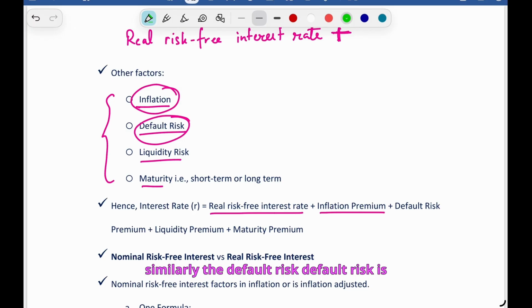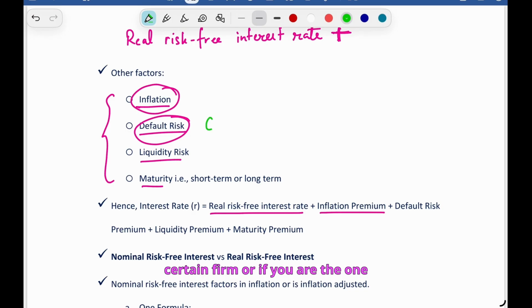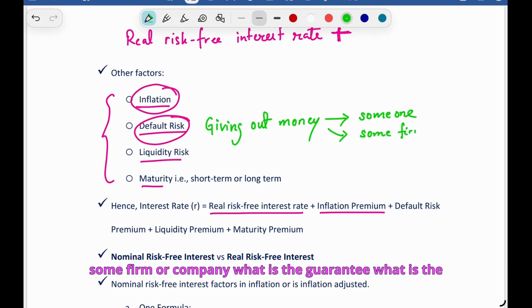Default risk is nothing but, suppose you are the one who is investing in a certain firm, or you are the one giving out money to some individual or some firm or company.